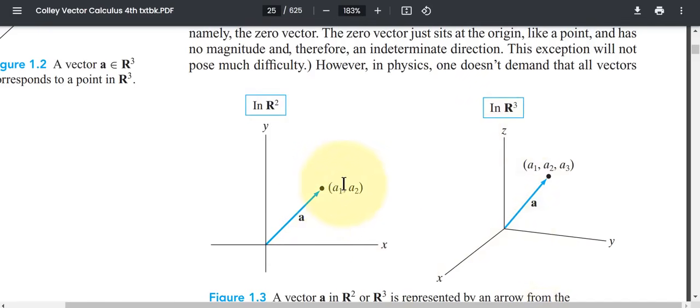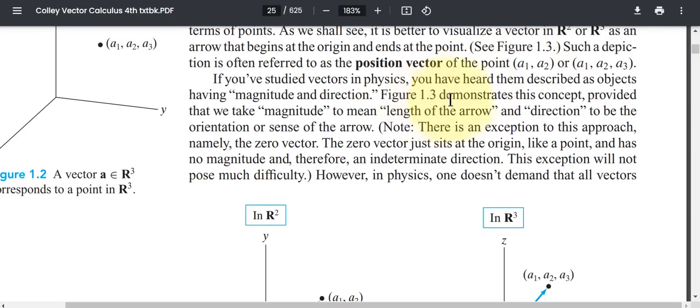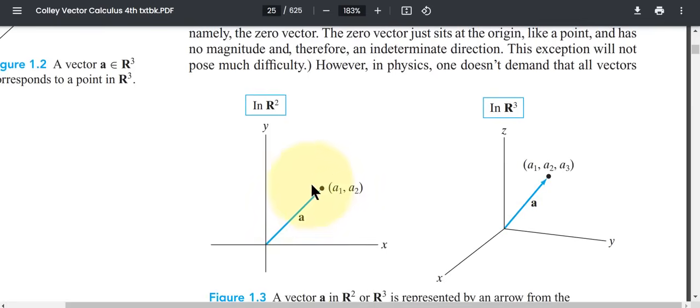And we have the A1, A2 as a point, but then we think of the vector as this arrow. As I said, you could also think of it as the point, but we'll typically draw an arrow. And she says 1.3, this figure down here, demonstrates that provided we take the magnitude, we can talk about the magnitude and direction of an arrow.